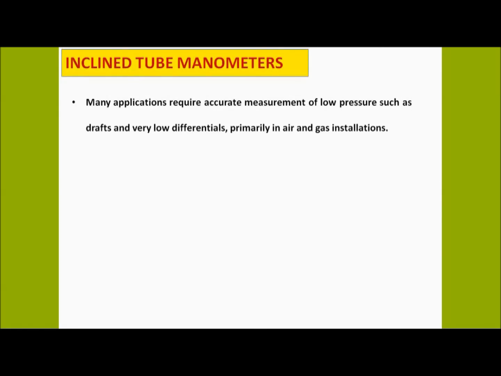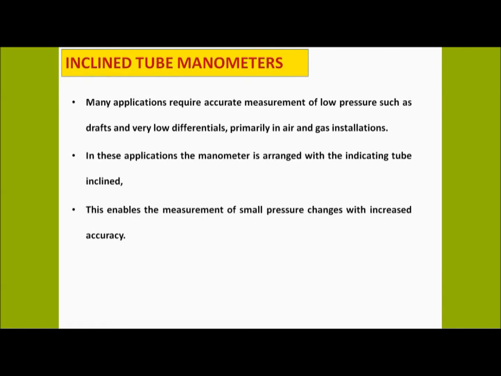We use the inclined manometer for this. How it works: in this application, the manometer is arranged with the indicating tube inclined. This enables the measurement of small pressure changes with increased accuracy.